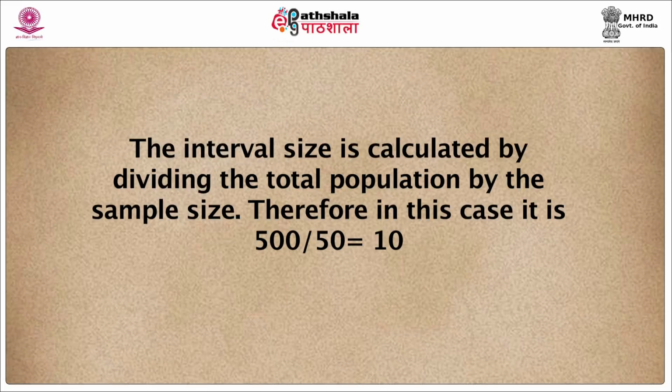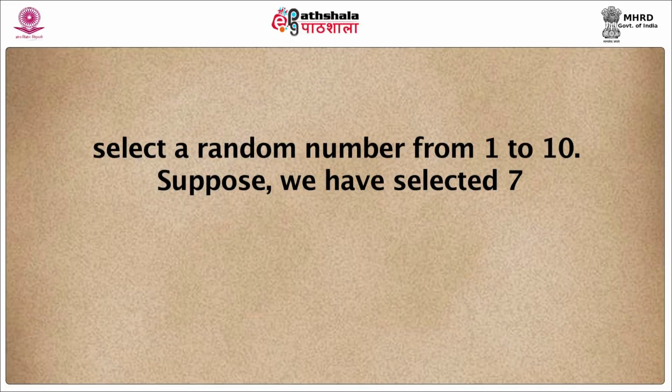The interval size is calculated by dividing the total population by the sample size. Therefore, in this case, it is 500 divided by 50, that is 10. We can select a random number from 1 to 10. Suppose we have selected 7.